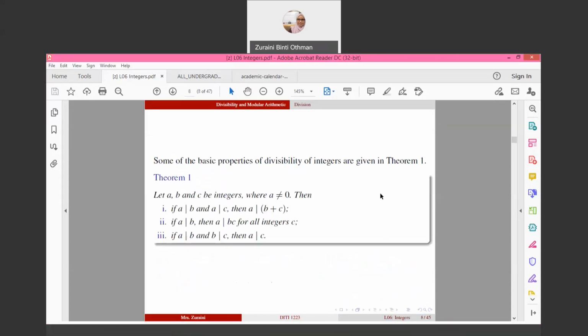Some basic properties of divisibility of integers are given in Theorem 1. First, if a divides b and a divides c, then a divides b plus c.